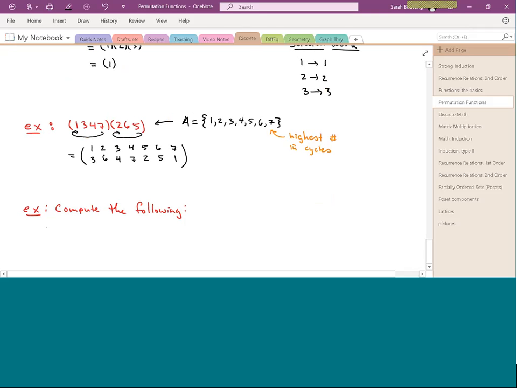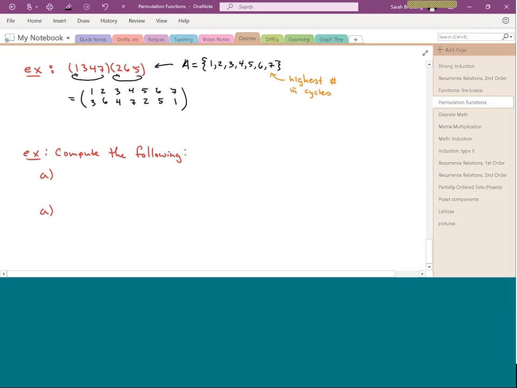The first one is, suppose we have P equal to 1, 3, 2, 5, 4, 6. So that's its disjoint cycle notation. Q is 1, 6, 5, 3, 4.